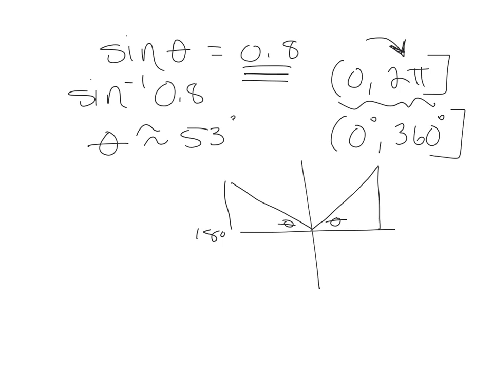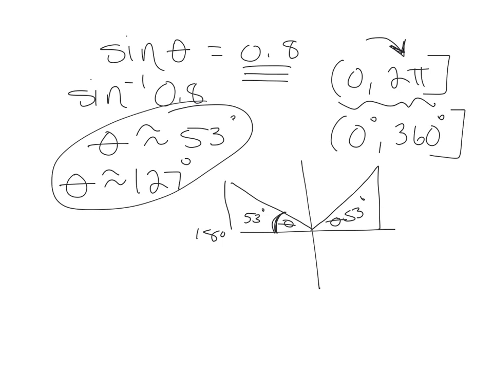I'm backing up to get to this angle. So 180 minus that 53 degree angle, because they're both the 53 degrees. So 180 minus 53 comes out to roughly 127. So I have those 2 answers. Those are the 2 answers that I would be looking for if I had something like that. So you have to really pay attention to those reference angles when you're looking at that.